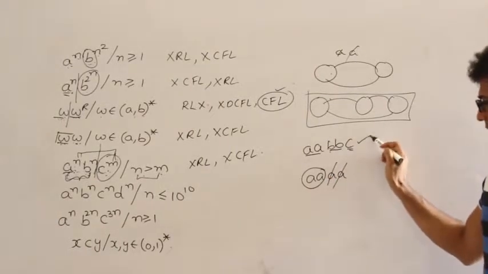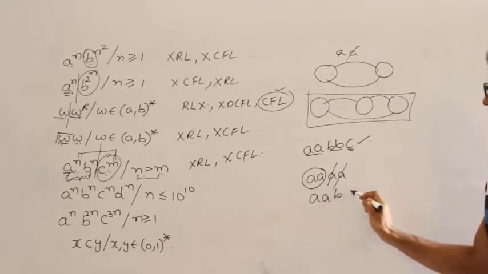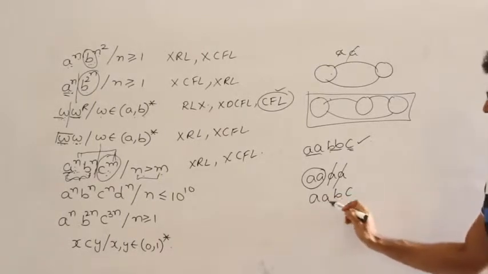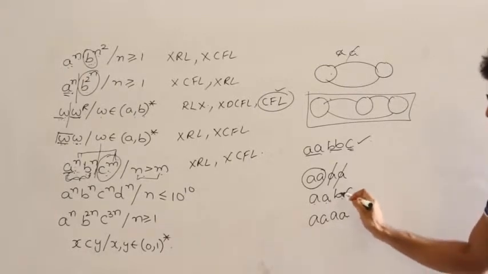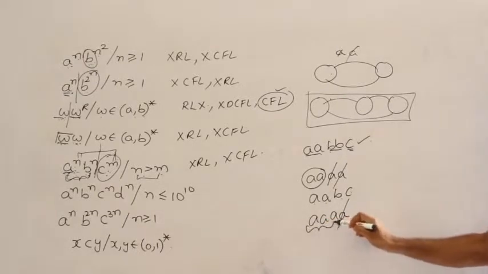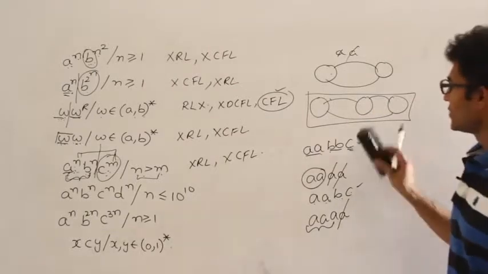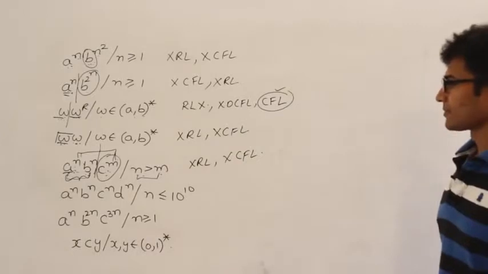Fine, this one is accepted, but a string like a, b, c will also be accepted. The reason is for every a you are going to push 2 a's, which means 4 a's will be pushed on the stack, for every b you pop 1, and for c you compare a's. This one will be accepted. Therefore that logic doesn't work. So this language is not a context free language.